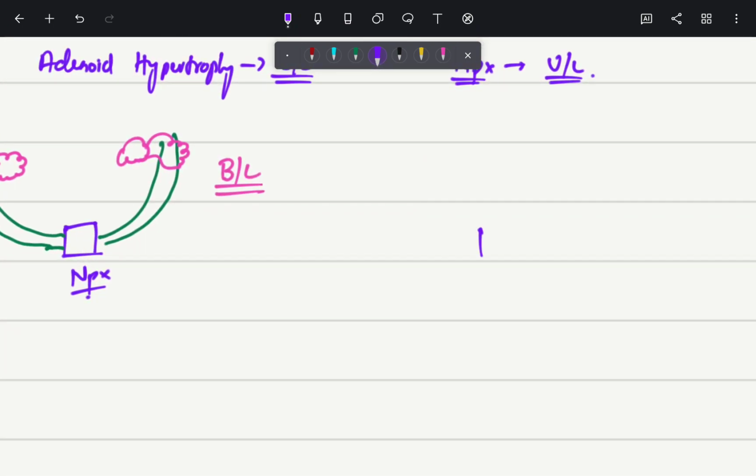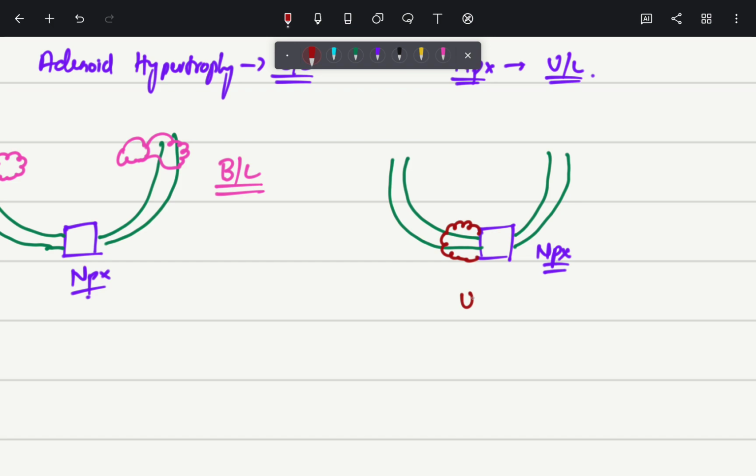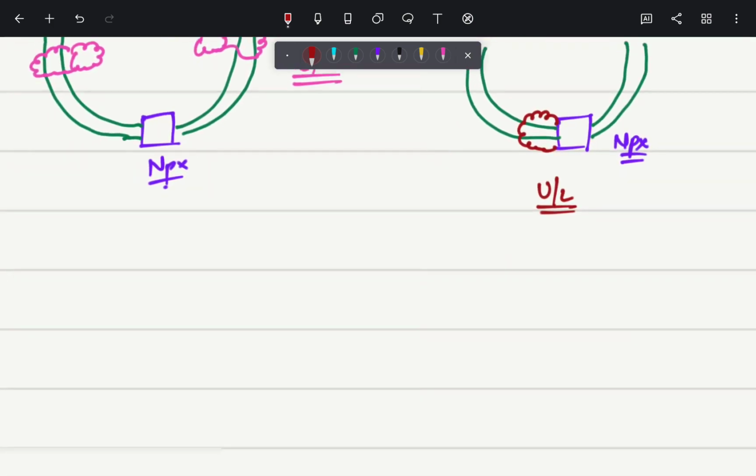Once again, here is your nasopharynx, and here are your eustachian tubes. If there is any cancer in the nasopharynx, obviously it will be unilateral. Hence, in nasopharyngeal carcinoma there will be unilateral eustachian tube blockage.